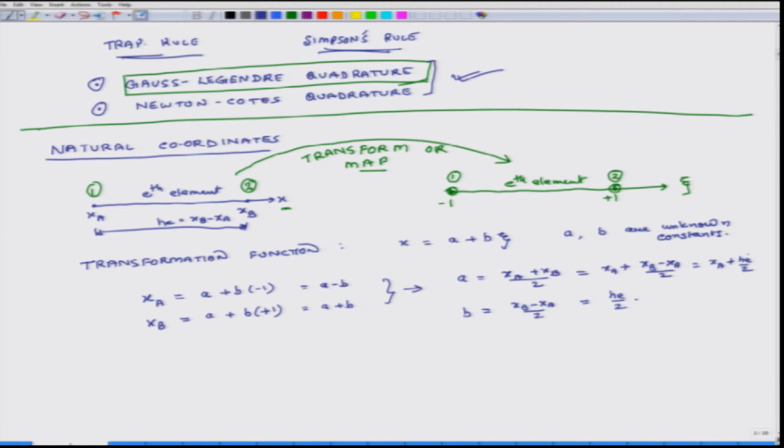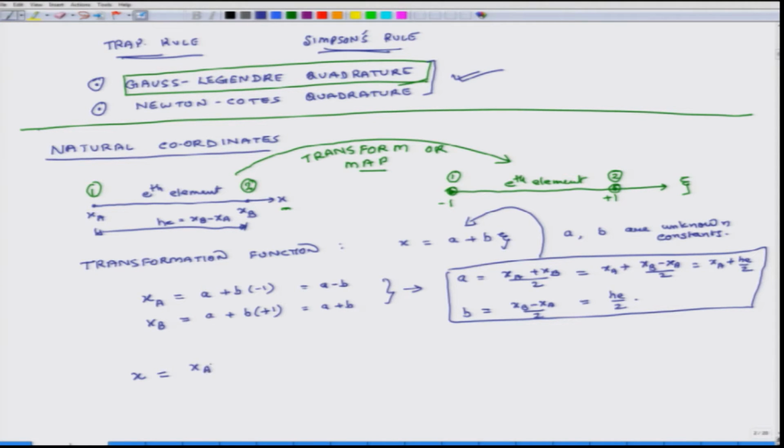So, what we do is we plug these values of a and b back into this equation. So, my transformation function becomes x is equal to xa plus he by 2 into 1 minus zeta.